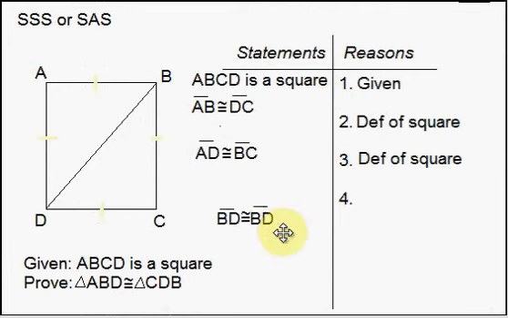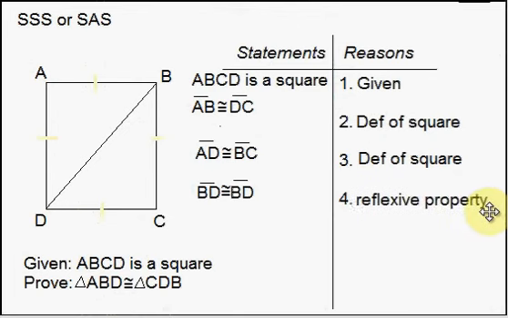Okay, now we also know that line segment BD is congruent to line segment BD, which is the reflexive property. Anything is equal to itself.